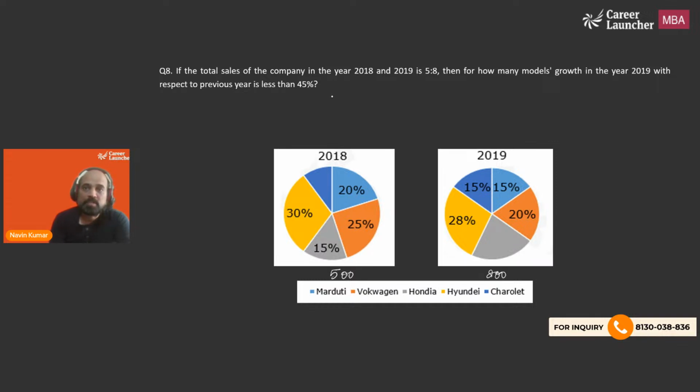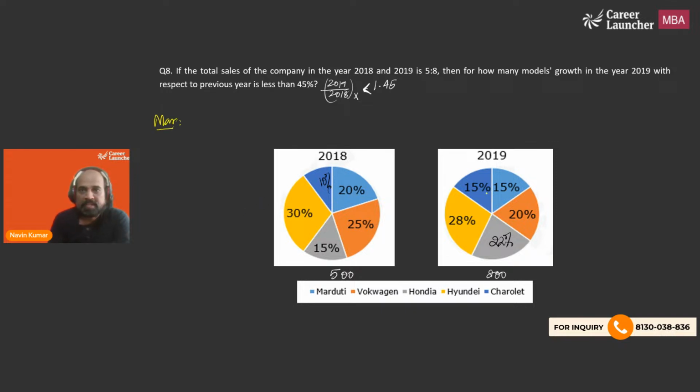So growth being less than 45% is another way of saying that 2019's upon 2018's for a particular car X should be less than 1.45. Growth is 45%, which means 1.45 times, right? So we will have to do it one by one. This is 10%, this is 22%. We will pick Maruti.